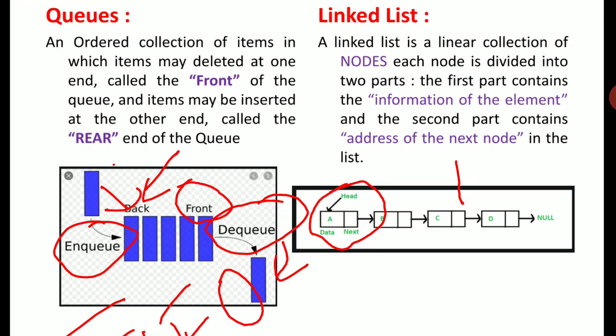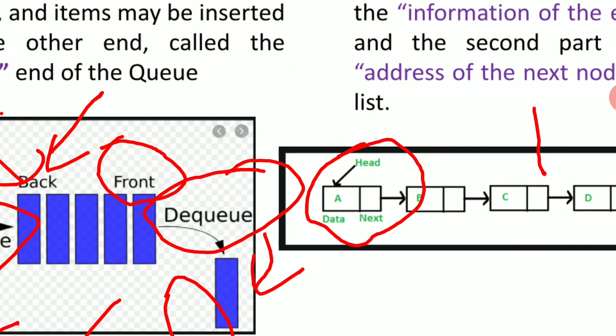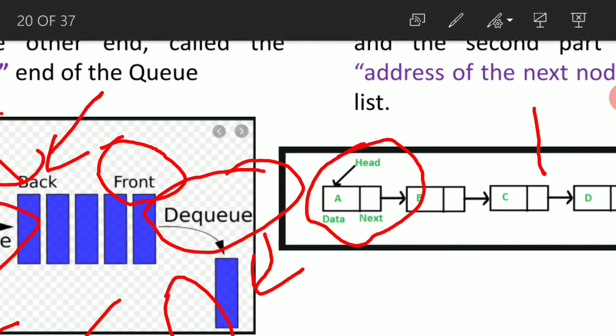Each node is divided into two parts. The first part contains the information of the element, and the second part contains the address of the next node. See here, the first part contains information. The information stored here is A. Then the next part is the address of the next node.